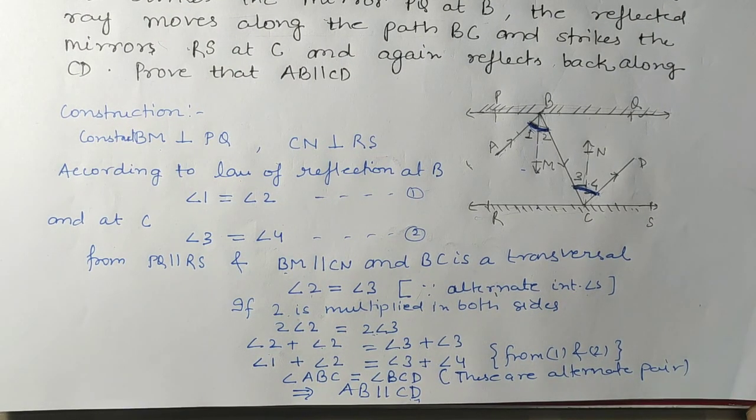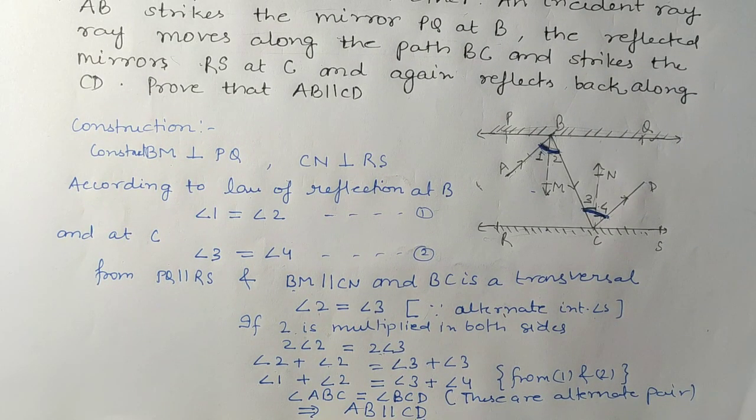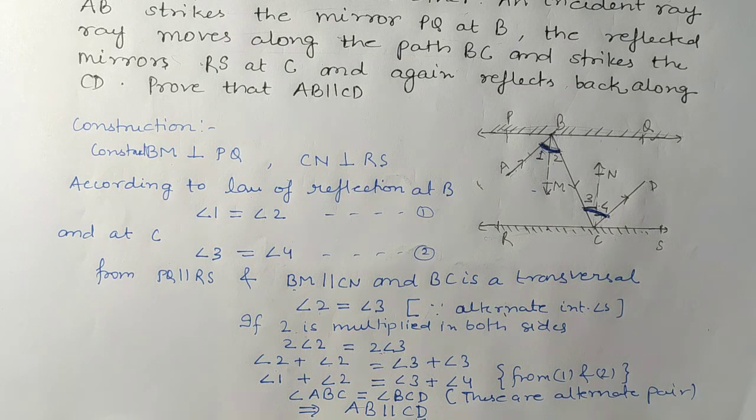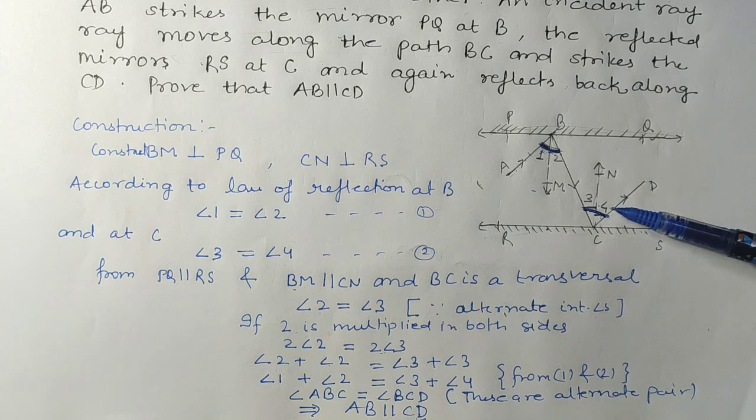Okay students, if you understand the concept, this question is very easy. You only have to draw two normals, BM and CN. After that you show that the angle of incidence is equal to the angle of reflection. So 1 and 2 are equal, 3 and 4 are equal.